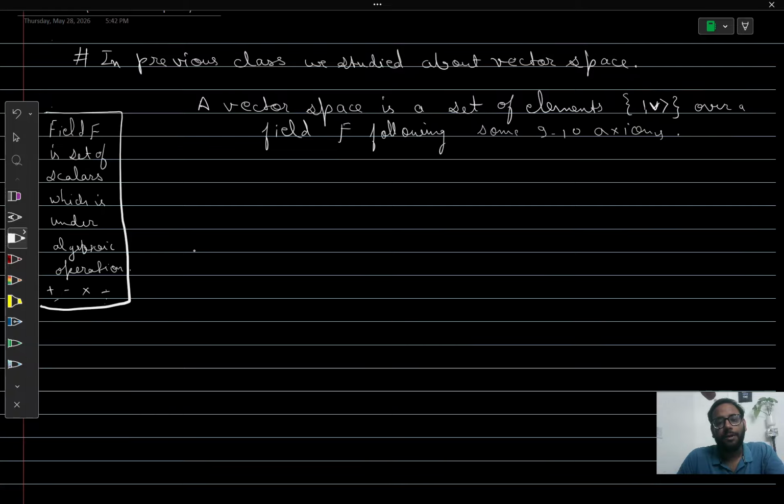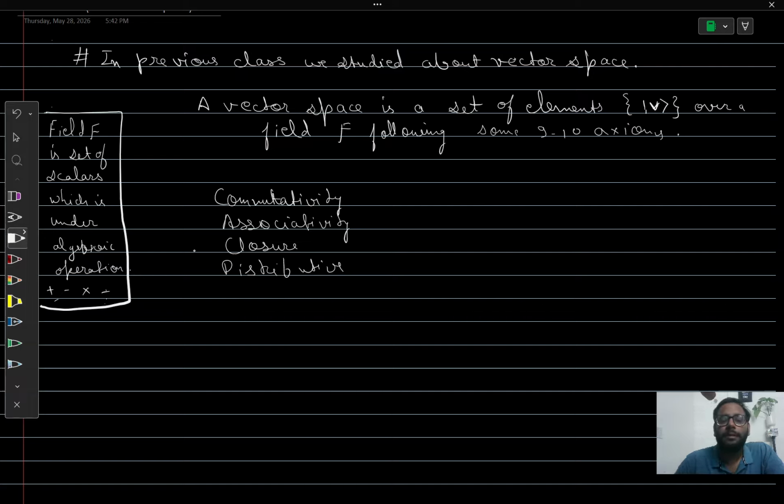So what kind of axioms have you studied in mathematics? Normally we have many things like commutativity, associativity, closure properties, and distributive properties.